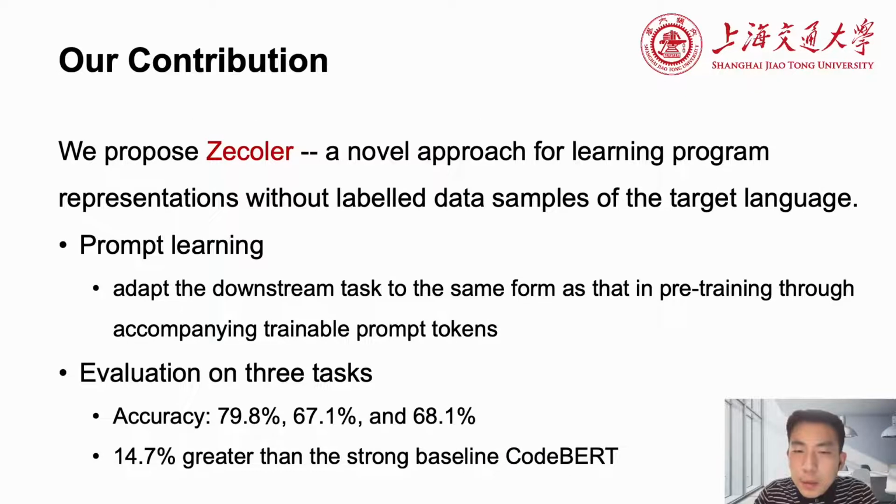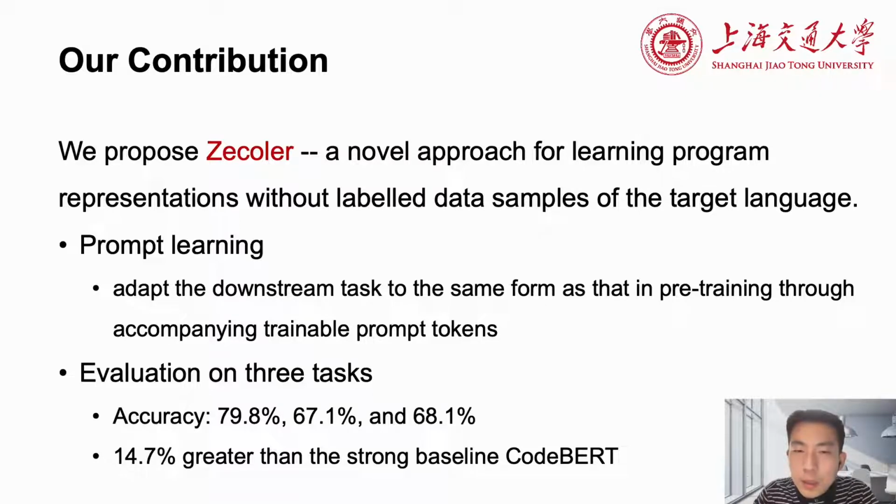In this paper, we propose Zcaller, a novel approach for learning program representations without labeled data samples of the target language. We employ prompt learning, which adapts the downstream task to the same form as that in pre-training through a trainable prompt token with a PLM input.